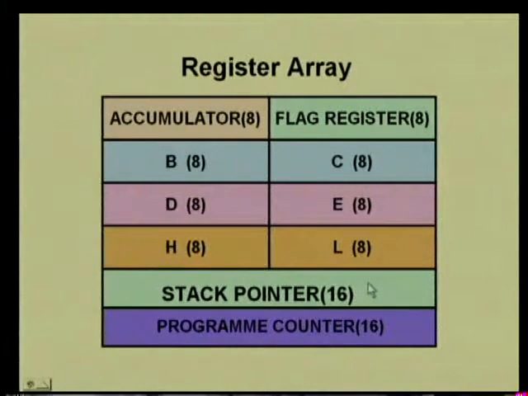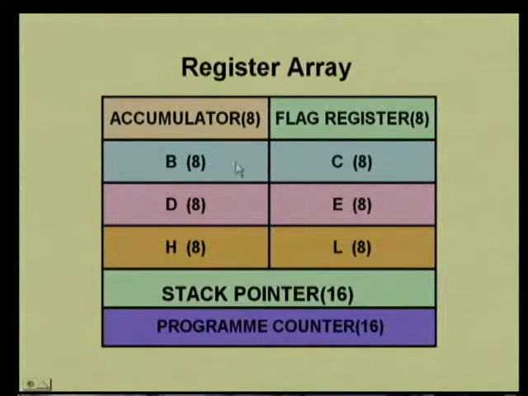That starting address is stored in this 16-bit register, because an address has 16-bit length. Next one is the program counter. This program counter indicates the address of the next instruction that is to be read and executed by the processor while the processor is executing one instruction.